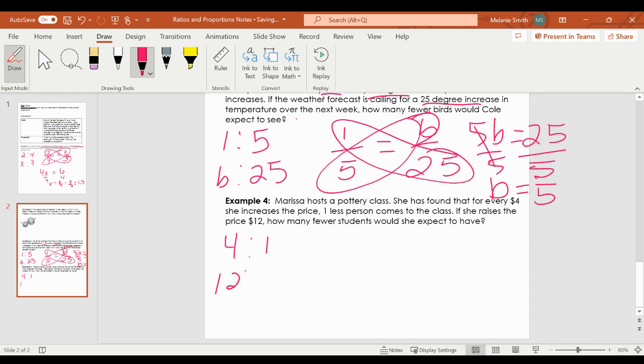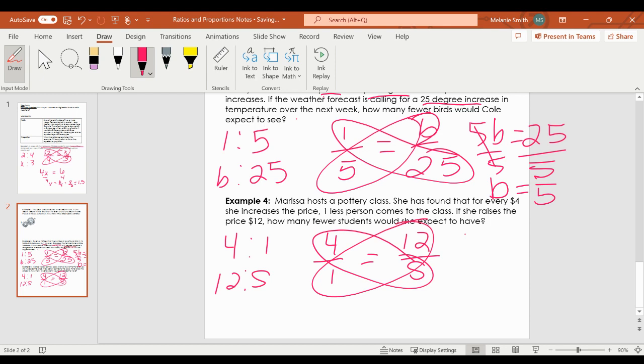So I'm going to go ahead and set this up again as two fractions where I can cross multiply. Okay, and then I cross multiply, and I get 12 times 1 is 12 equals 4 times s. I divide both sides by 4, and I get s equals 3. So she should expect 3 fewer students.